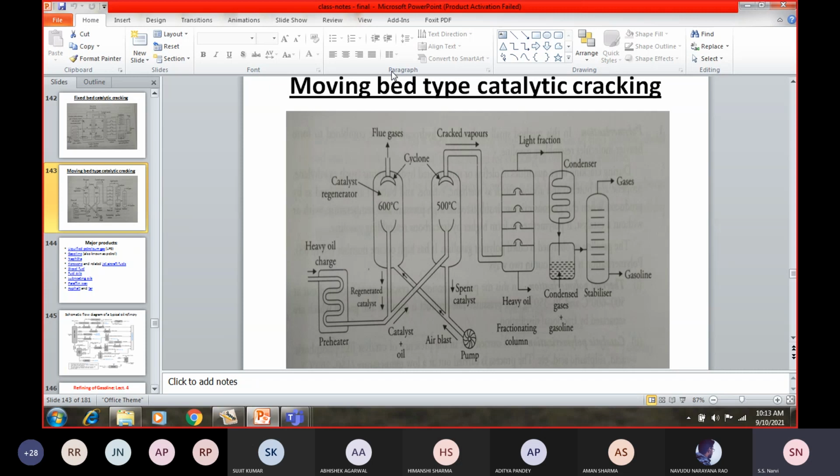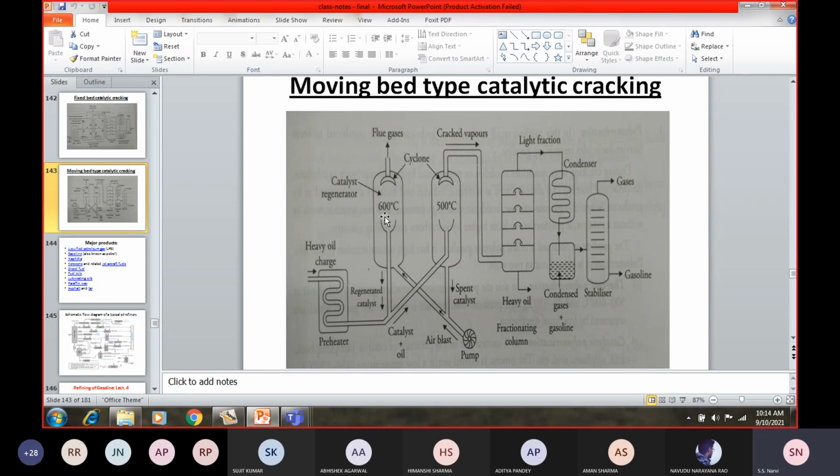This is a moving bed catalytic reactor, where half of the catalyst is already there in the catalytic regeneration tank, isn't it, and half of the catalyst is used in the reactor. Once the catalyst is exhausted, fresh catalyst enters from the regeneration tank into the main reactor, and the exhausted catalyst is fed back into the catalytic regeneration tank, isn't it?